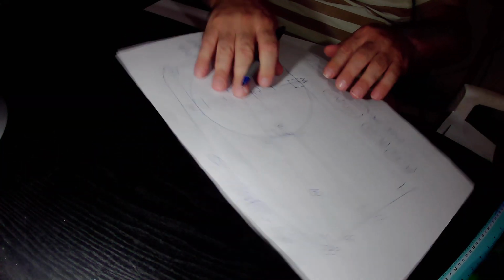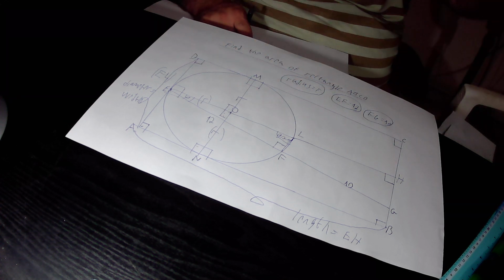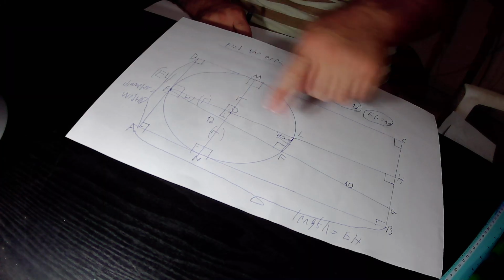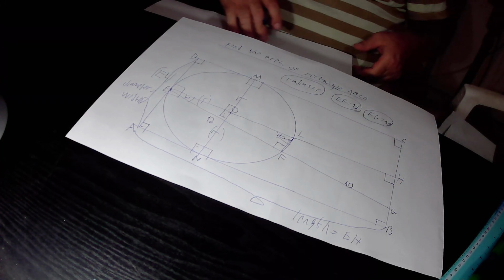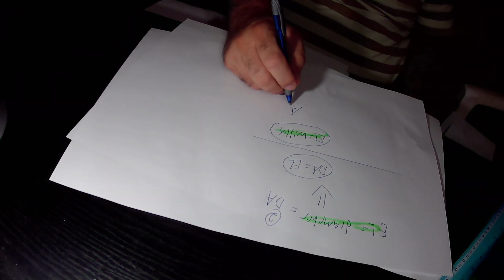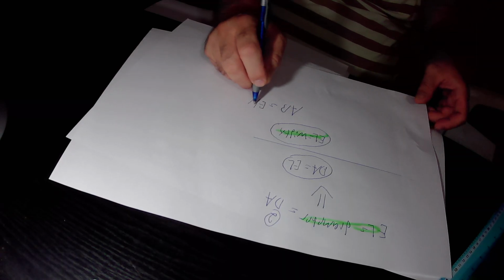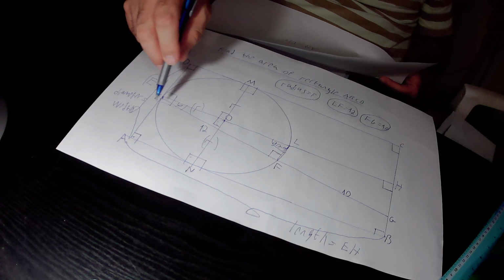Again, those two opposite sides in rectangle EHBA are equal to each other, and therefore side AB equals side EH, in rectangle AHEB.